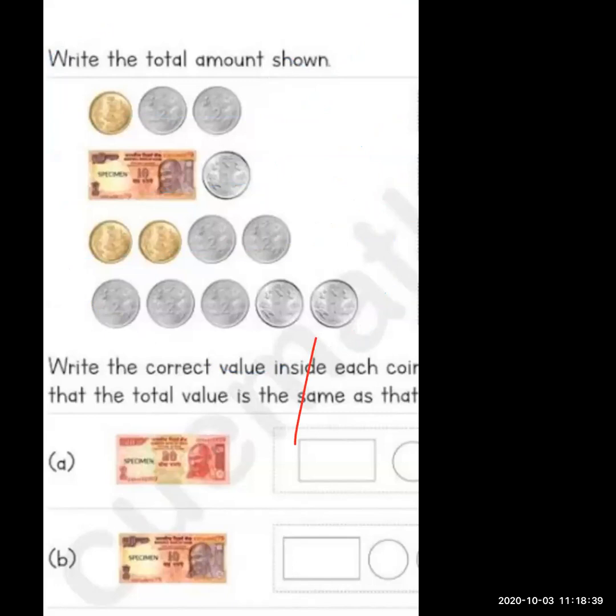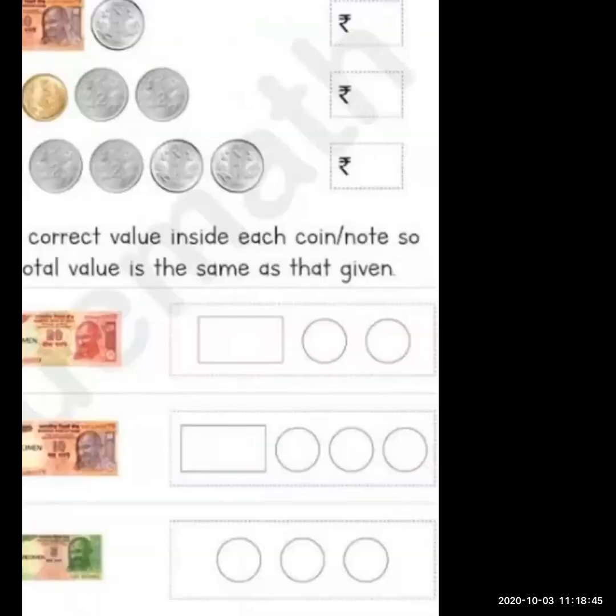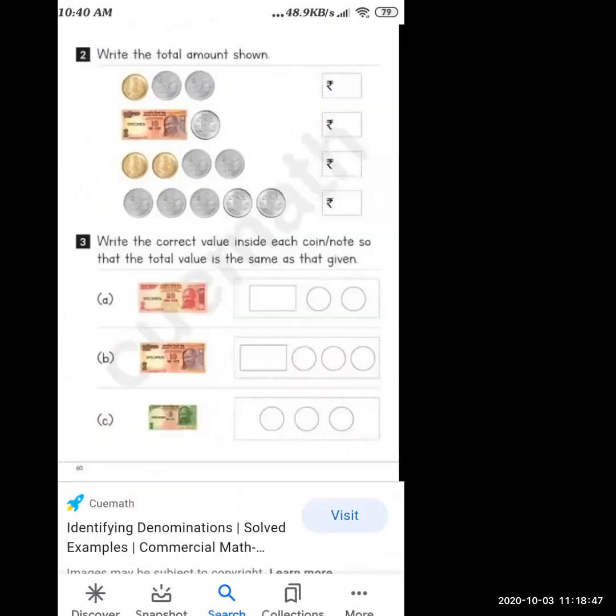Okay, wait a second, student. Yes. Now look here. Notes are given to you. And they're asking you to write the correct value inside each coin and note so that the total value is the same as that given.